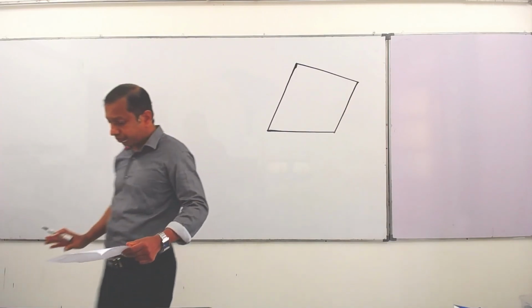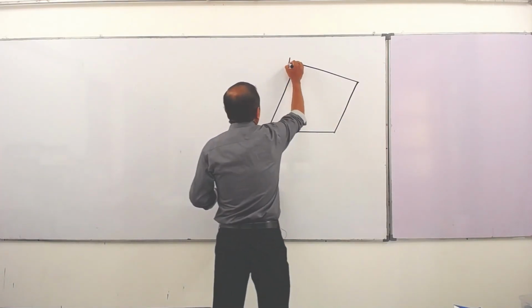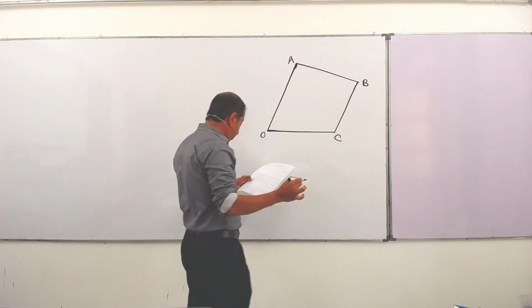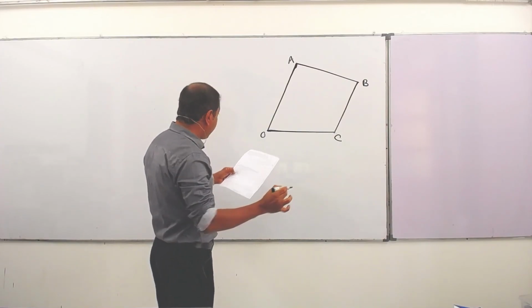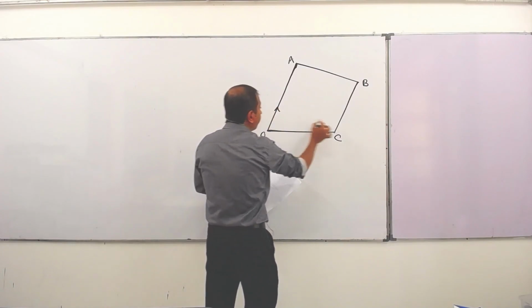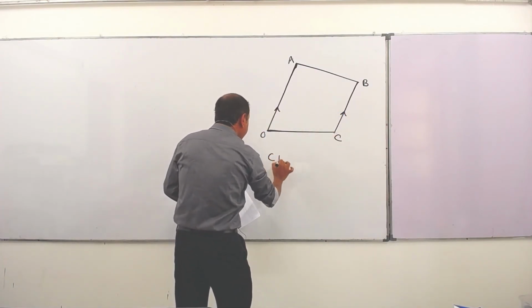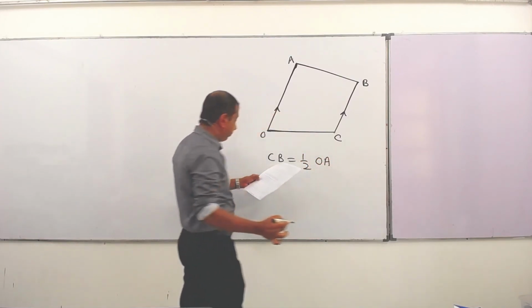Here O, A, C, B. Given that OA and CB are parallel, and also CB equals half OA.